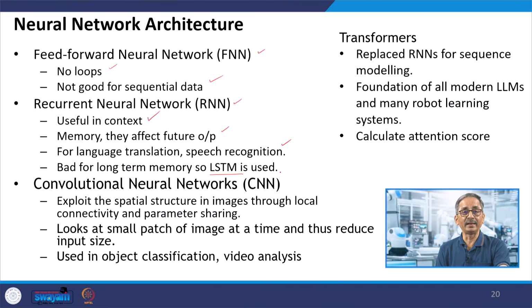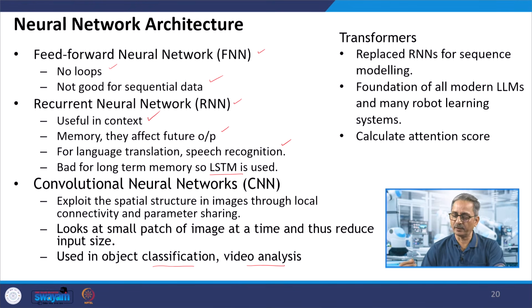Next is the CNN, a type of deep learning that exploits the spatial structure in images through local connectivity and parameter sharing. It looks at a small patch of the image at a time, and thus reduces the input size, and it is used in object classification and video analysis.